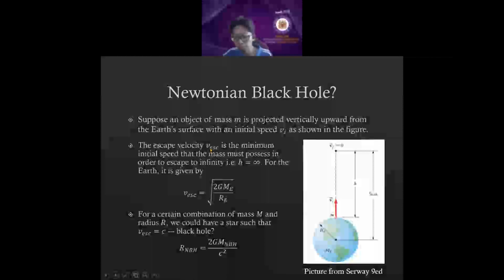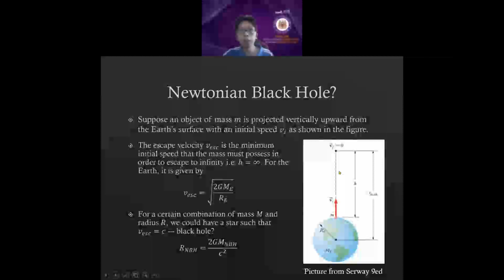By definition, in order for us to find the escape velocity, we assume that the final velocity of the object of mass m is equal to 0, and we assume that this object does not accelerate in the upward direction.